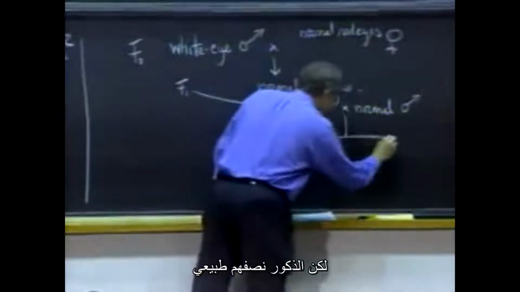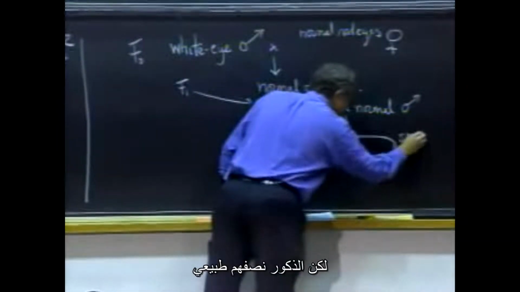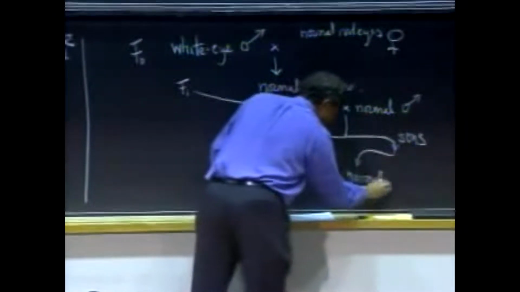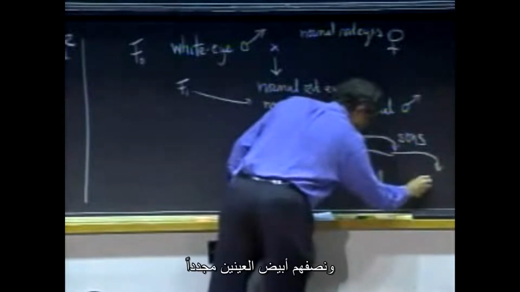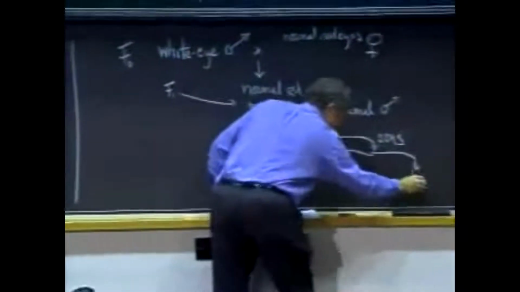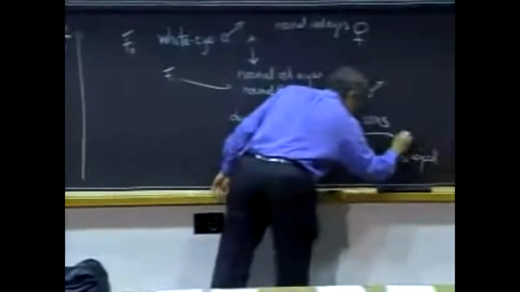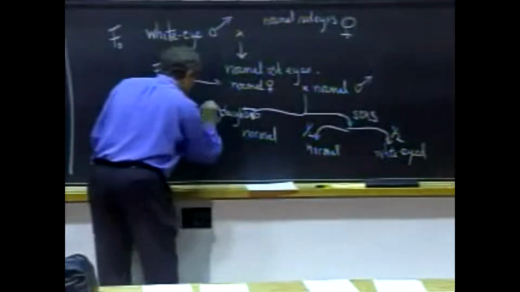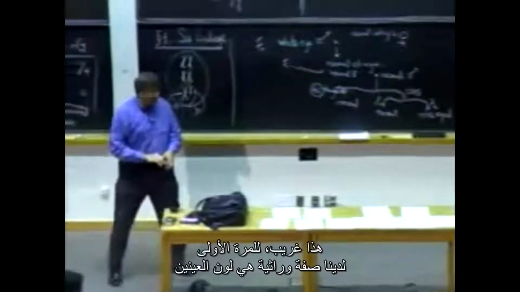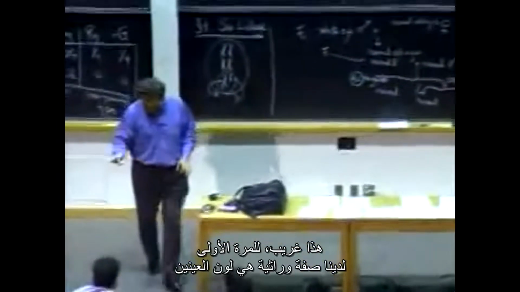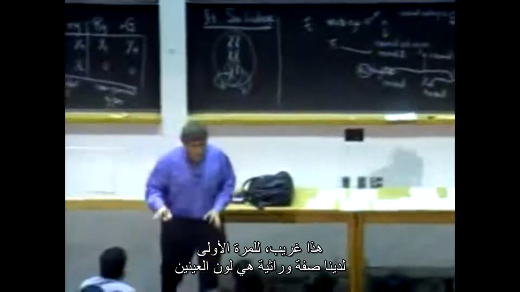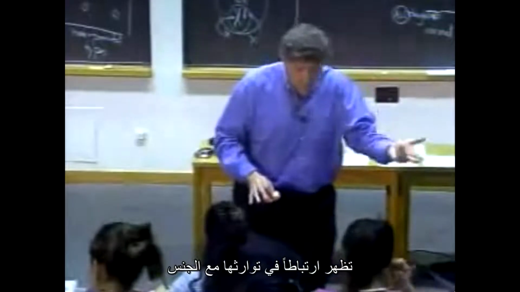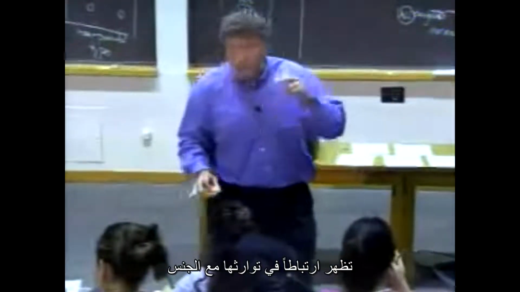But her sons, half are normal, and half are white-eyed again. That's weird. For the first time, we have a genetic trait, eye color, that is showing correlation in its inheritance with sex.